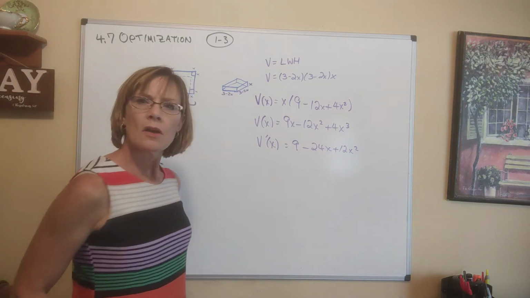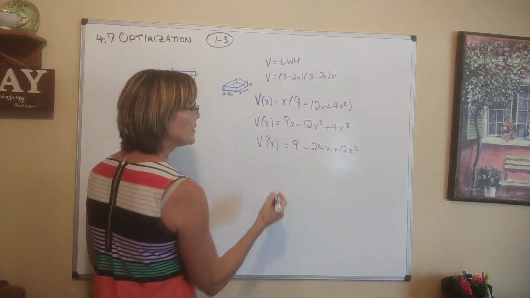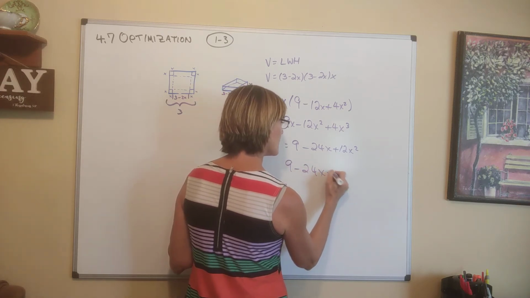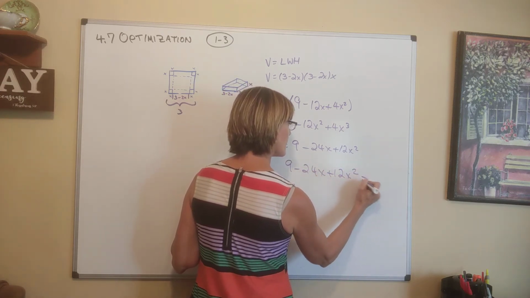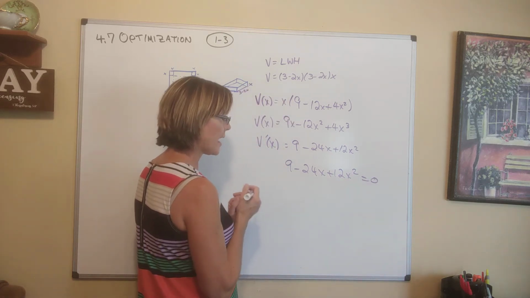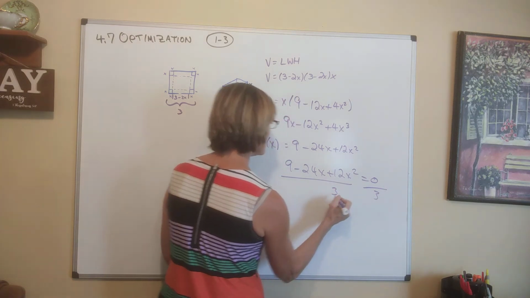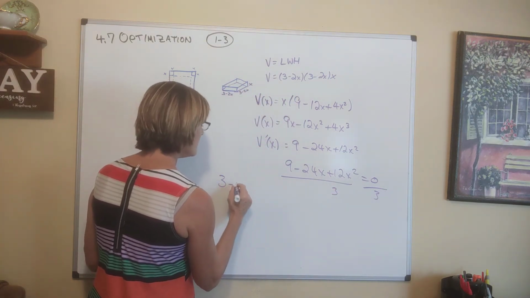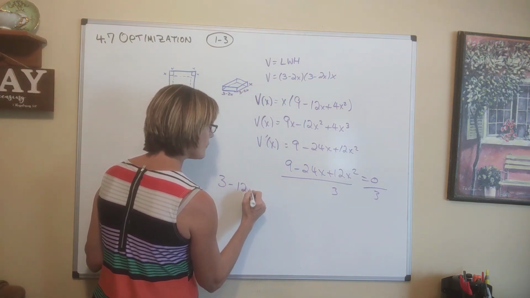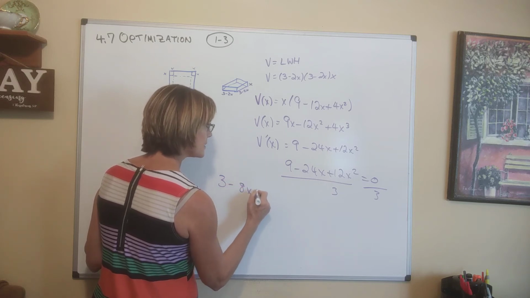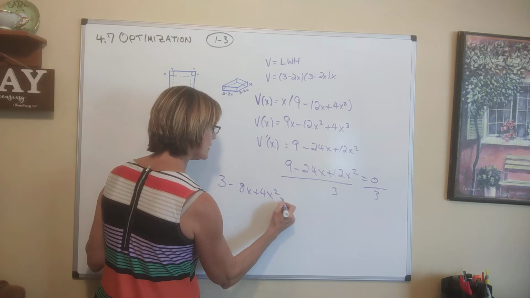Let's set this equal to 0. Let's find the critical values. When we do this, I'm going to first divide everybody by 3 to make it simpler, because 3 will go into everything. So that's going to be 3 minus 8x plus 4x squared equals 0.